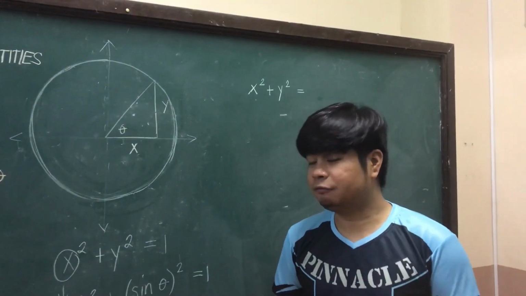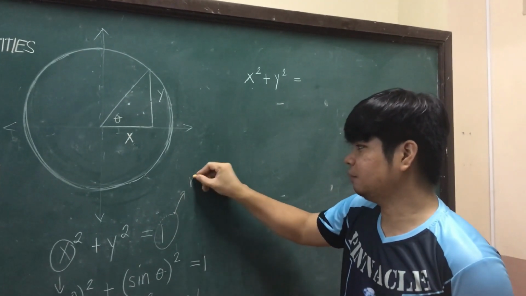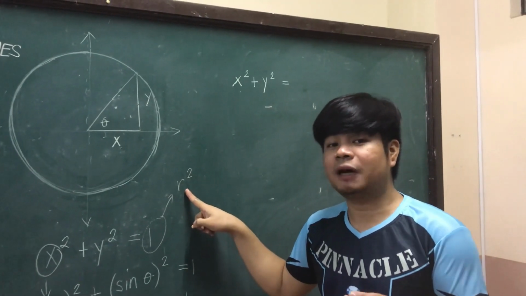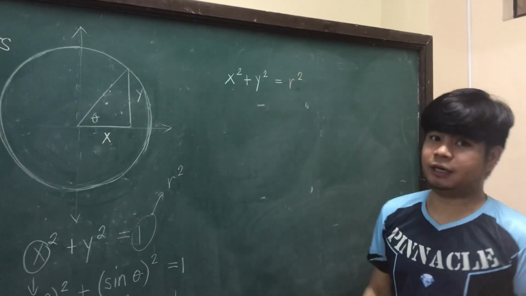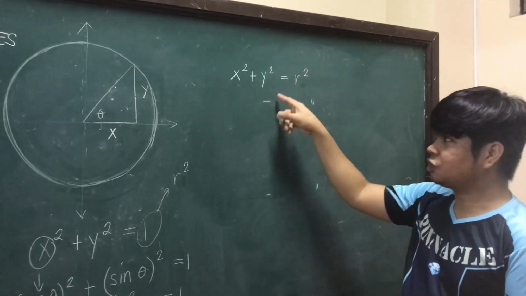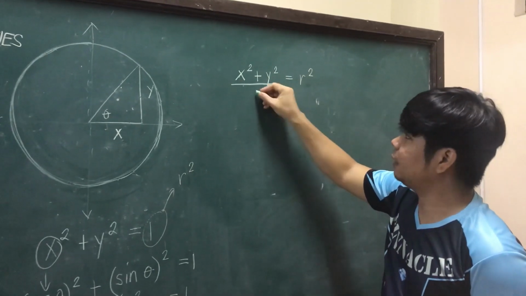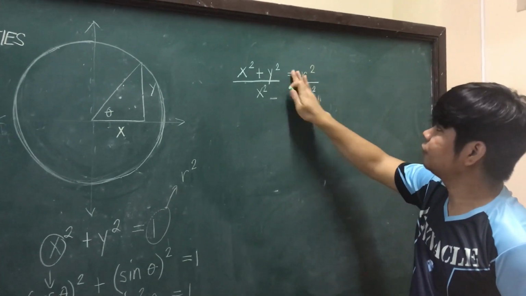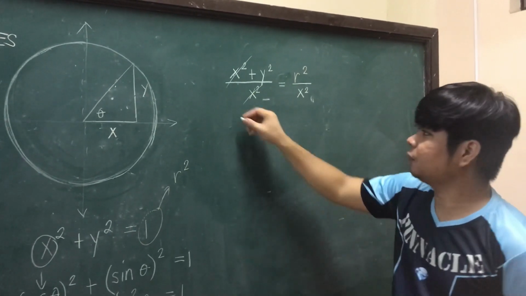Remember that in the general form, the equation of the circle comes from the square of r, because r is a radius, so it follows c squared. So here we go back and write it as r squared. From this equation, we try to divide both sides by x squared. So we can cancel out x squared and x squared here, so we have 1.